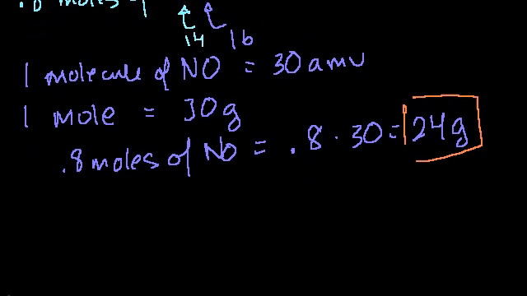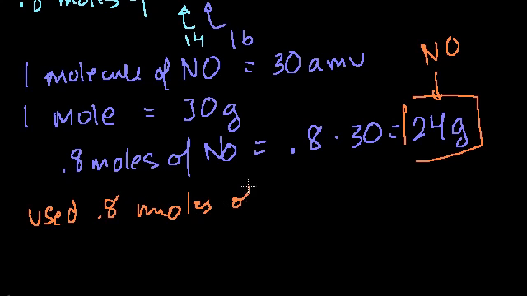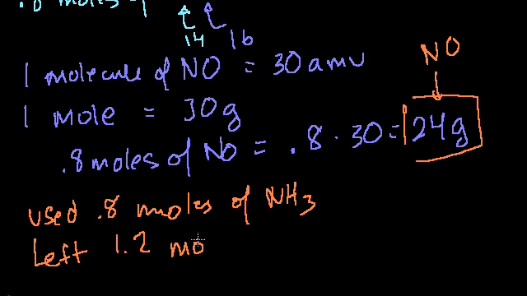So we're going to have 24 grams of nitric oxide, and we used 0.8 moles of ammonia, and we're going to have left 1.2 moles of ammonia. And if you want, you can figure out how many of the original grams of ammonia that is. You just figure out how many grams 1 mole of ammonia is. It's 17 grams, and then just multiply that times 1.2.